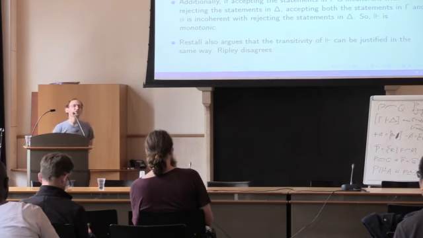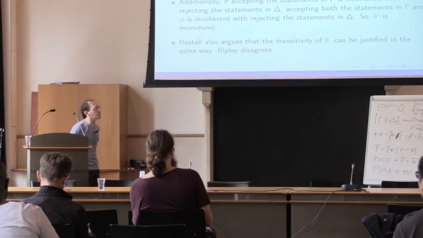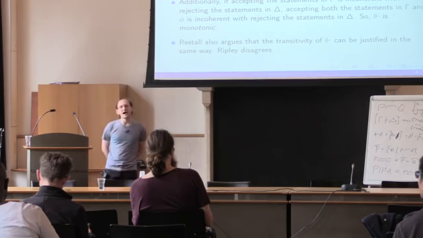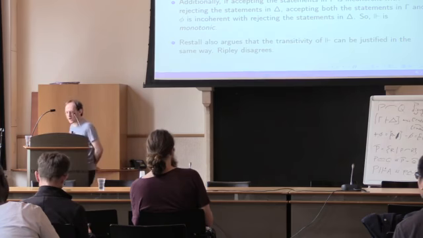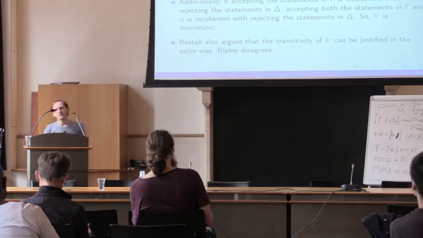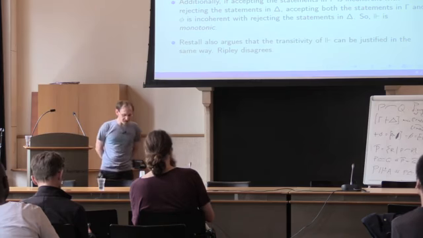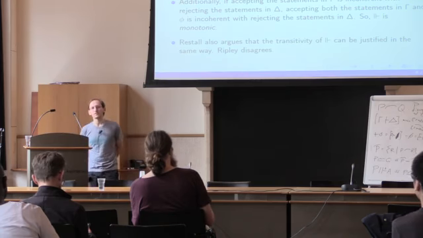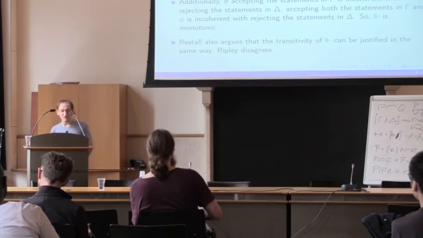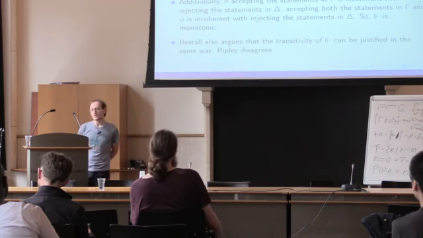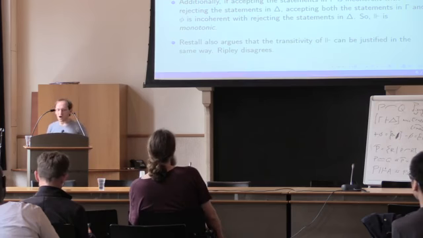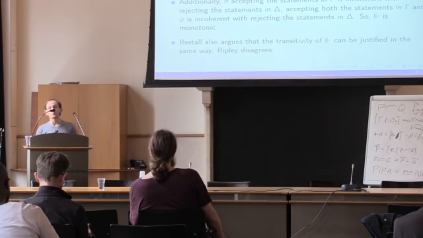Because of the way in which we are understanding validity, transitivity can be more or less roughly identified with the claim that if a sentence is unassertable, then it cannot be undeniable. That's one way of spelling it out.